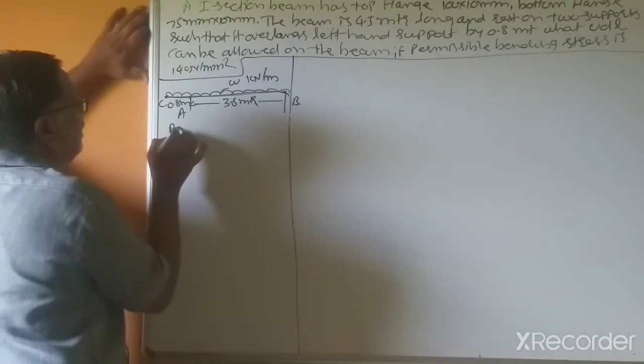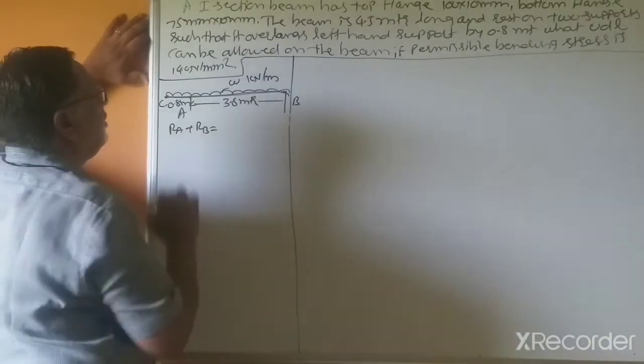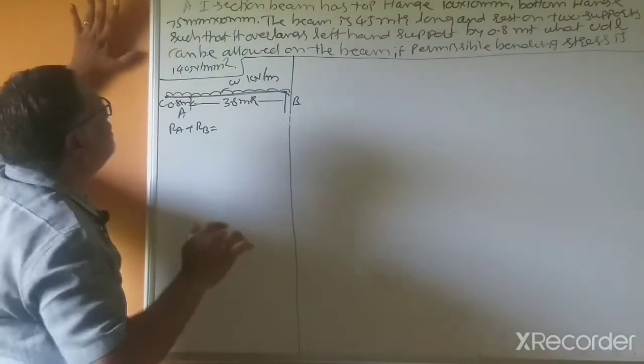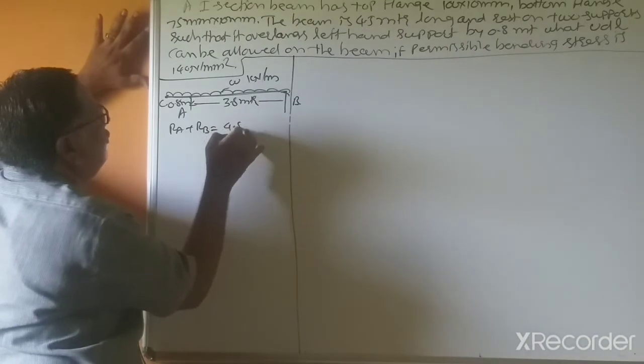So RA plus RB equal to 4.5 W, as there are no concentrated loads.